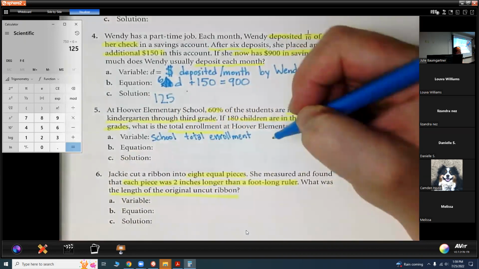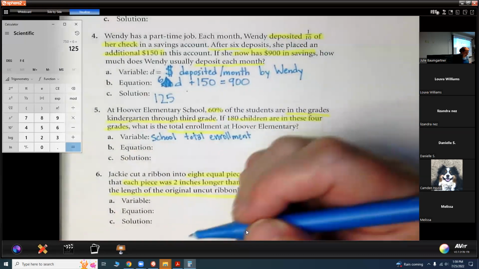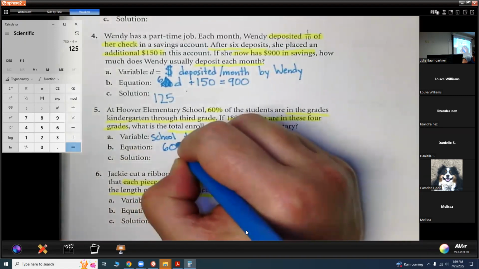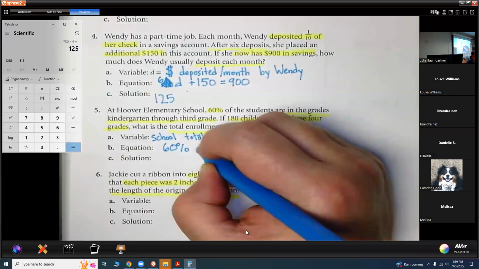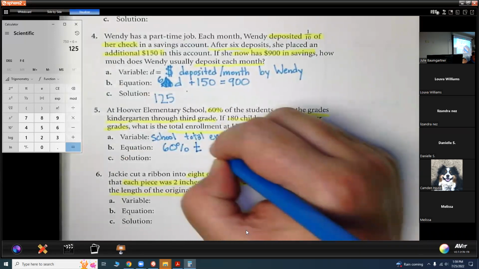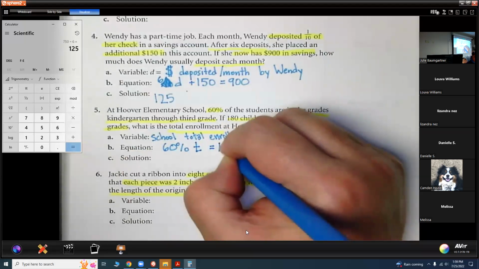But we do know that 60% of the total, I guess we'll just say T, equals 180.